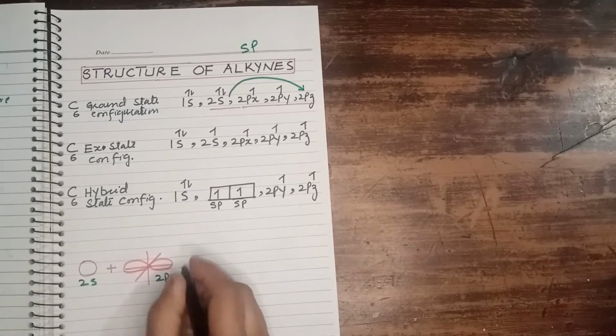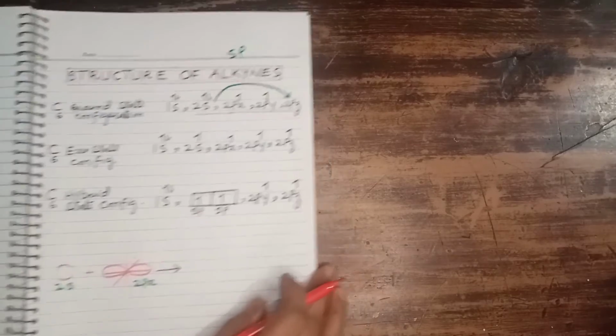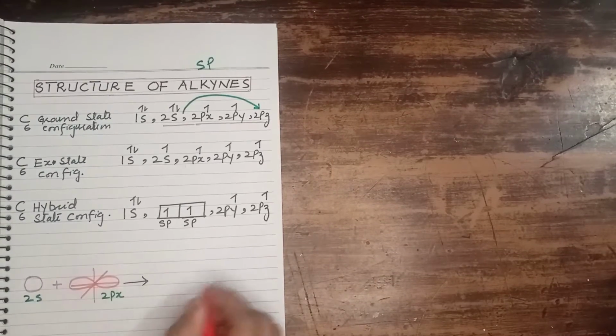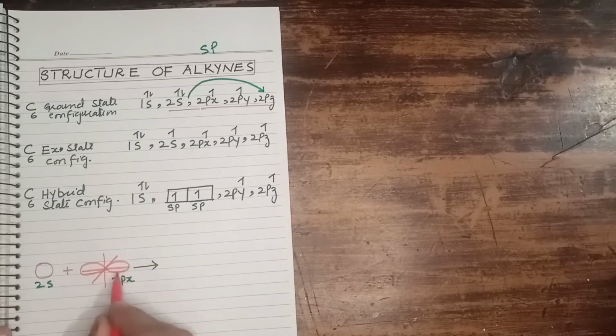Now after the intermixing of the s orbital with the 2px orbital, we get a hybrid orbital which consists of one larger lobe and one smaller lobe.